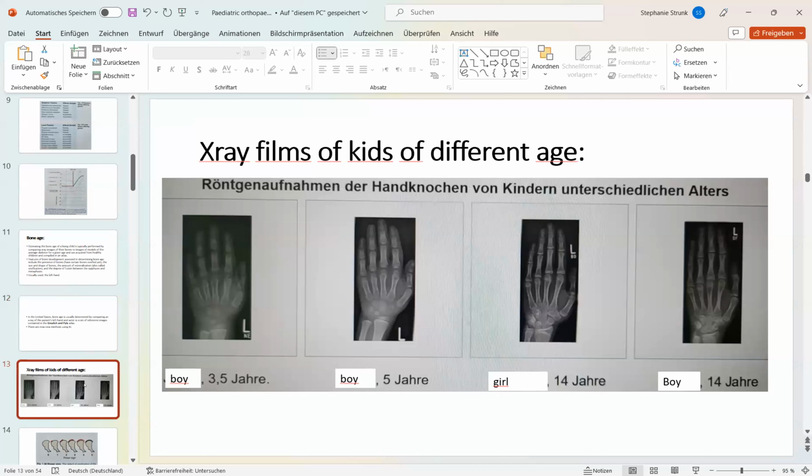So those are X-ray films of kids of different ages. Here you can see what I said. This is a boy, 3.5 years old. As you know, you should have 8 carpal bones here, and there are just 4 visible here, 5 maybe. If you compare that with the boy of 14 years, of course you can see them all.